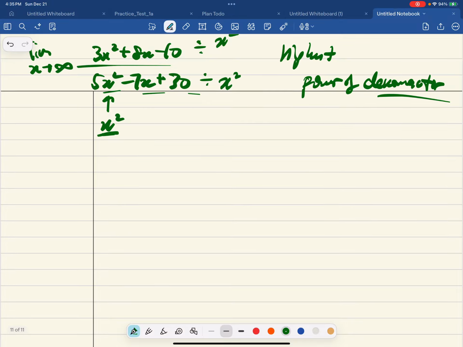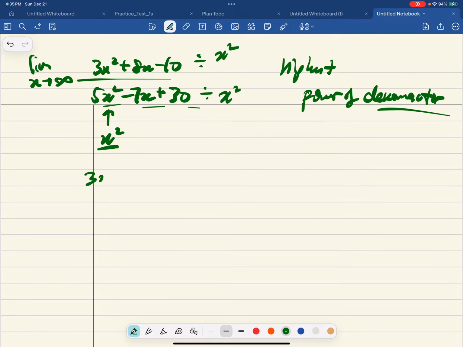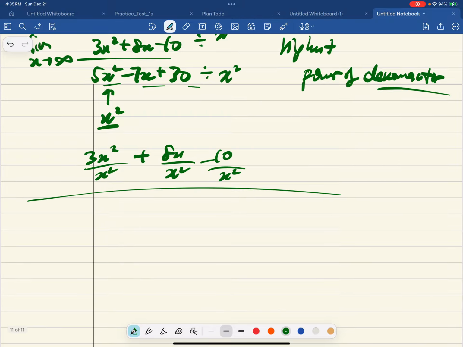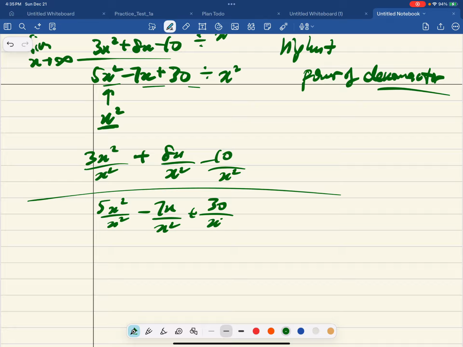Top and bottom, what's going to happen? Each value will be divided by x to the 2 on the top. Same goes for the bottom. And you will see that since we are approaching infinity for all of our x values, everything will become 0 if the top is smaller than the bottom.